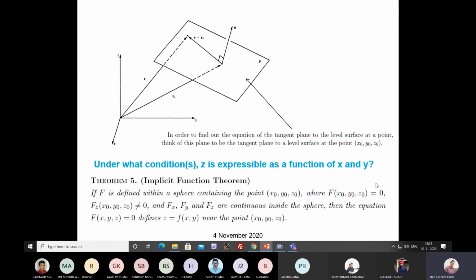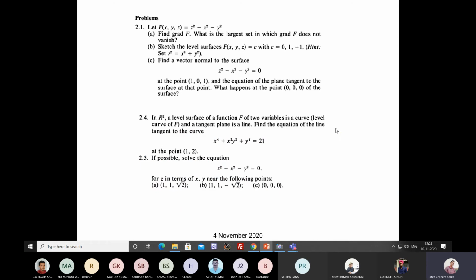Basically, they are considering f(x, y, z) equal to 0 as your level surface. The remaining portion is the same, whereas I defined omega as my domain of definition. These are exercises you can try at home.